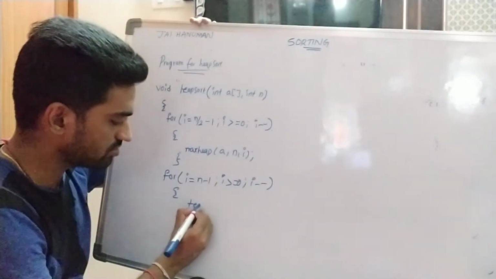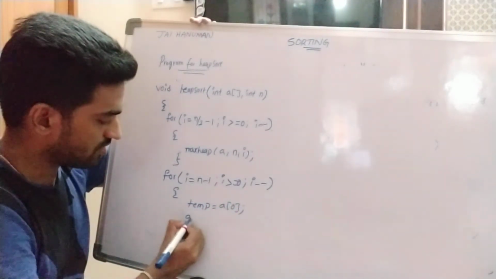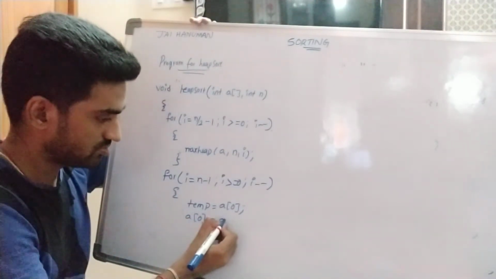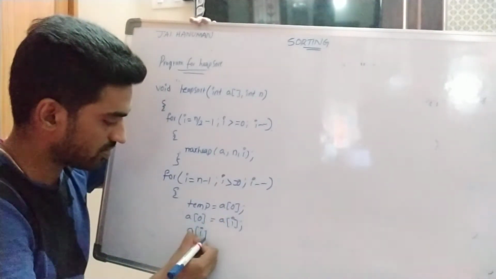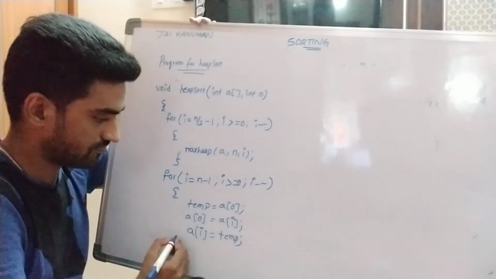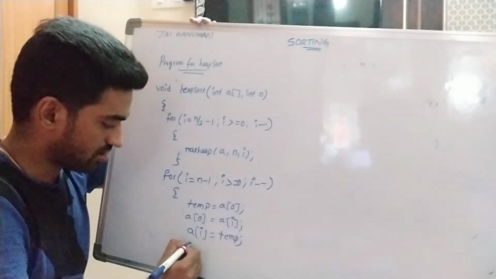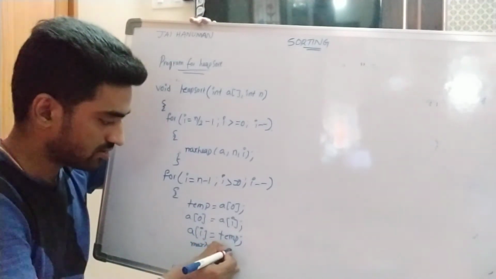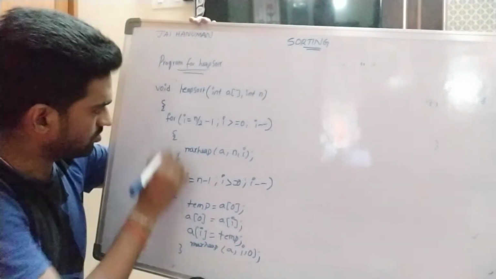So temp is equal to a of 0, a of 0 is equal to a of i, a of i is equal to temp. Then again we are calling max heap along with a, i, 0. Finally we are closing this loop.